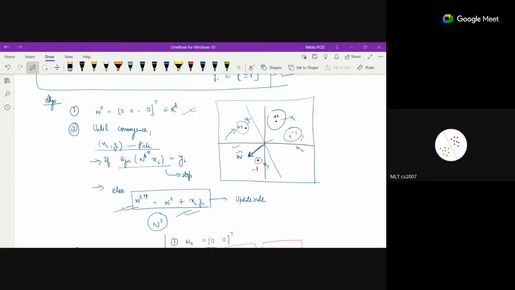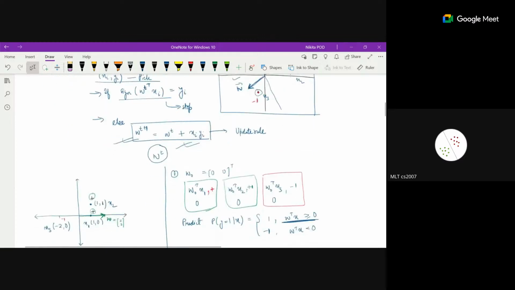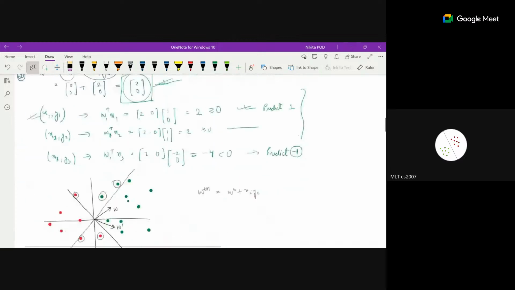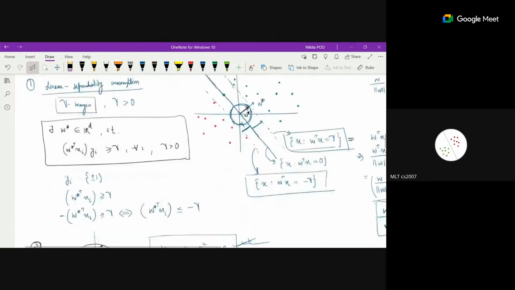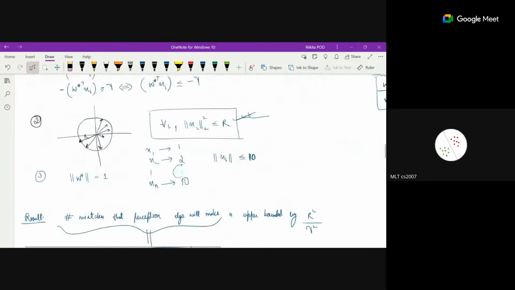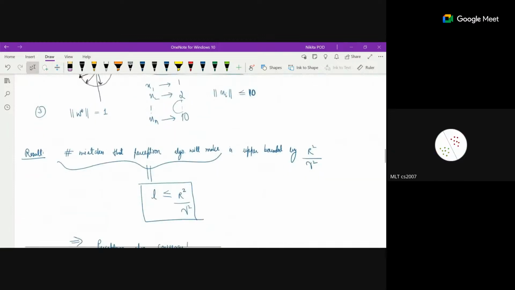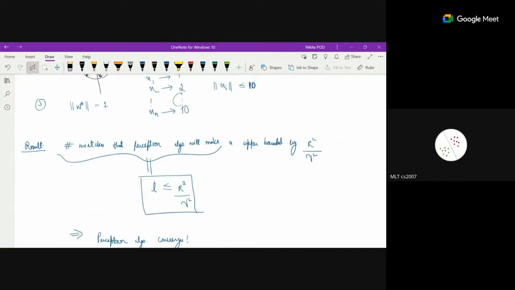Yeah. So it is bounded by basically this value. All that we can say is that the number of mistakes that your perceptron algorithm can make is R square by gamma square.